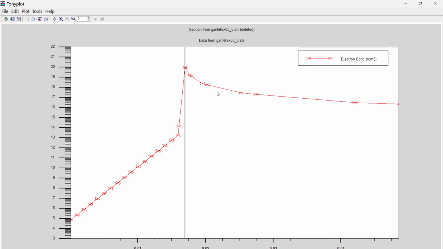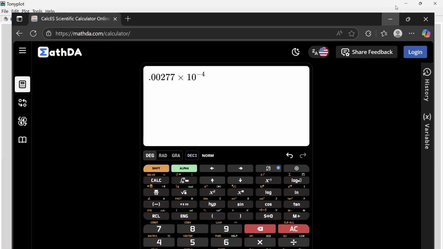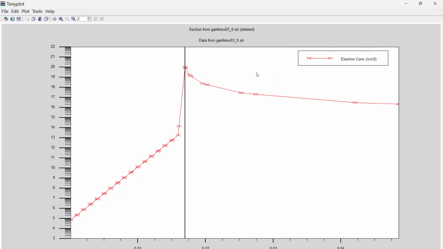As you know, 2-DEG is a two-dimensional plane, so the electron density or charge density should be in per centimeter square. We have already noted a dimension which was in micrometer. We have converted it into centimeter. Now you are getting the electron concentration here in the 2-DEG, which is in per centimeter cube.